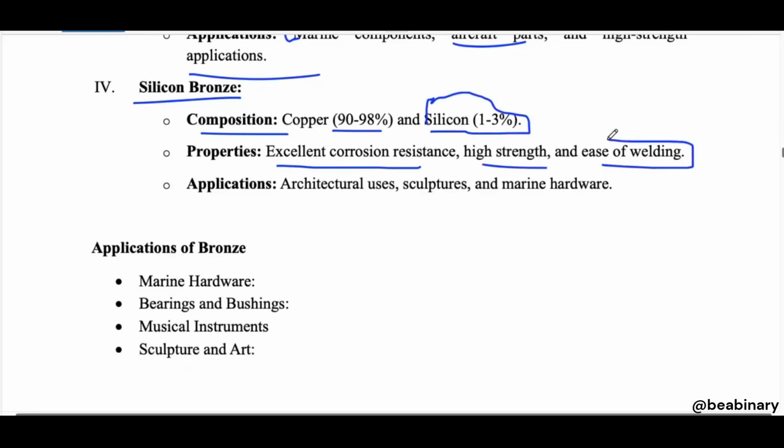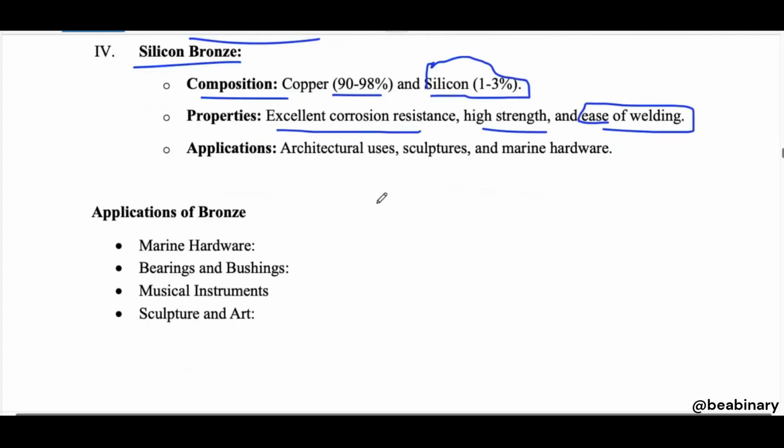Welding is possible and would be a very easy process here. As for the applications: architectural uses, sculptures, and marine hardware. These are all being used.